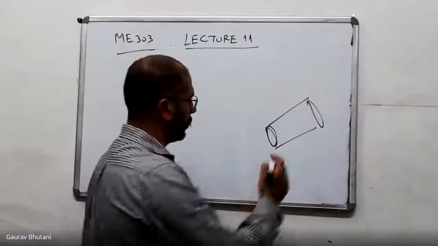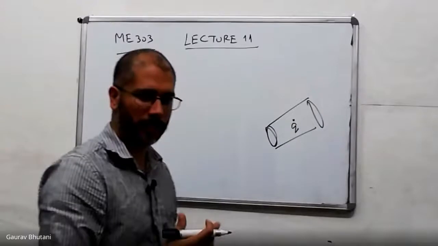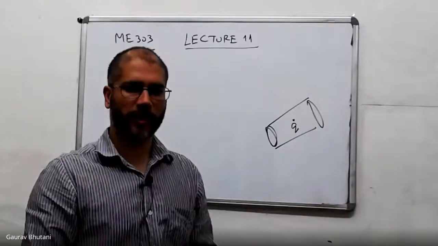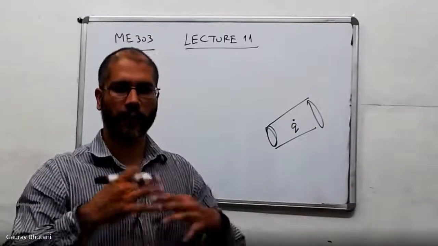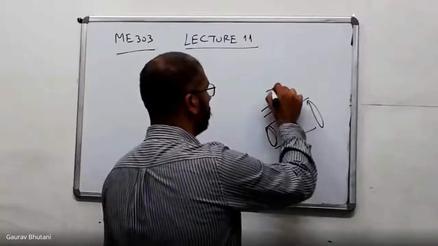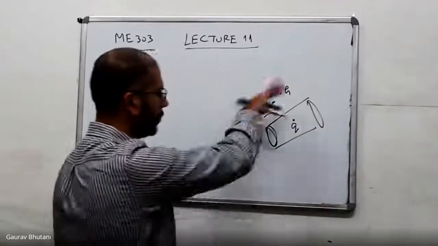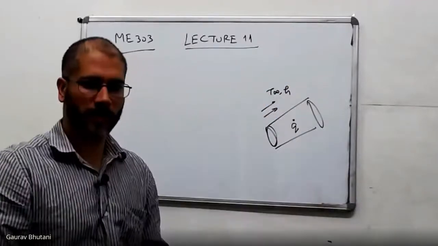Okay. So there is some Q dot. So let's say some currents flowing in this wire and generating heat, and that heat is getting convected out from the surface. So we have some T infinity temperature here and heat transfer coefficient H. So that is convecting the heat out from the surface of this pipe.